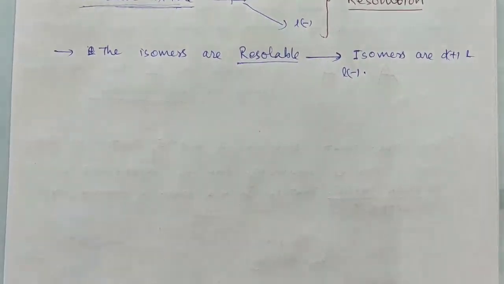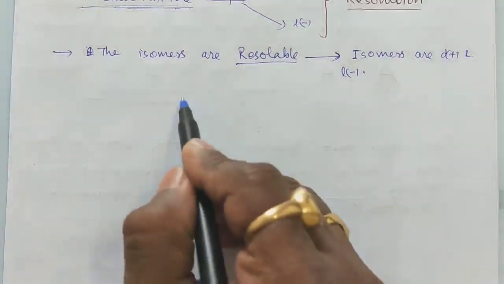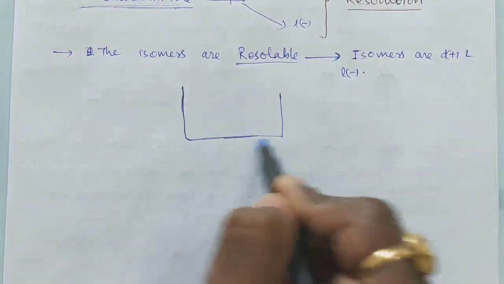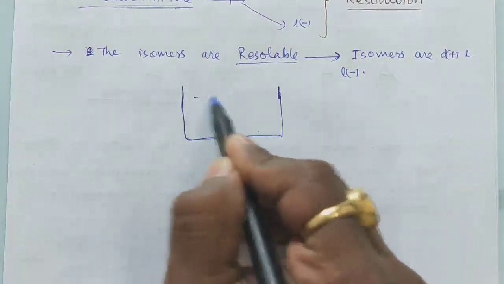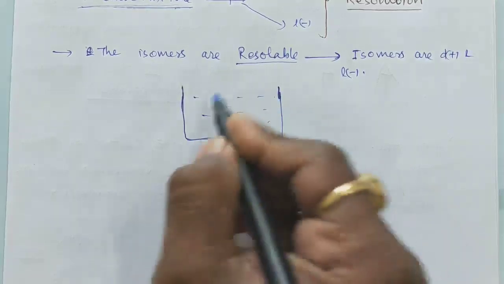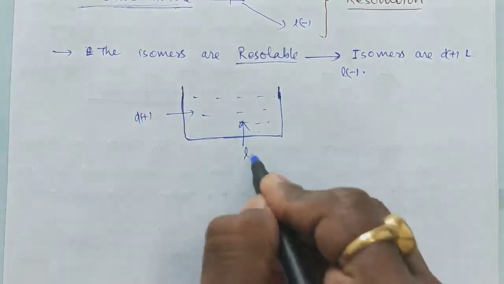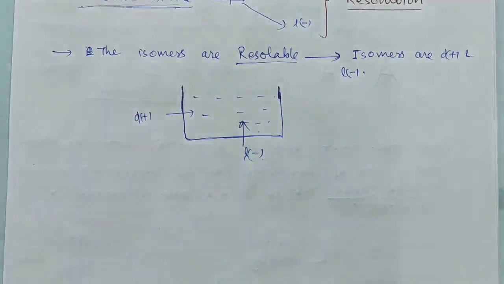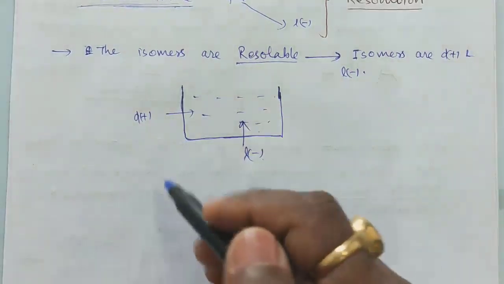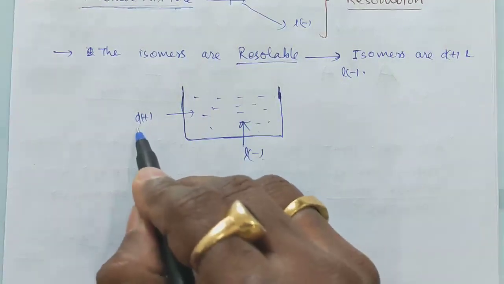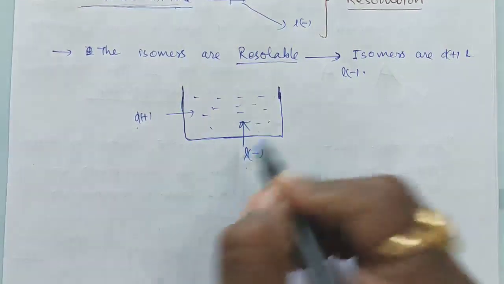One more situation. Suppose in a mixture we have D plus and L minus of the same molecule. And this time it is not given how much percentage is this and how much percentage is that.